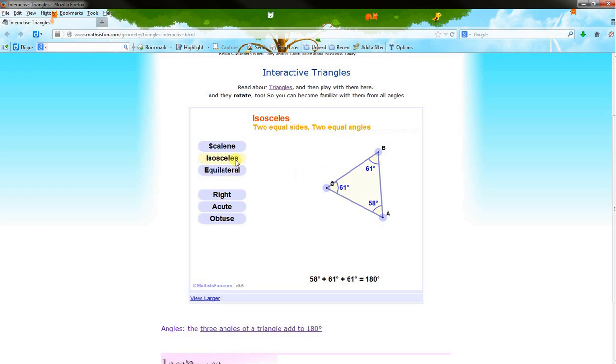An isosceles triangle has two equal sides and two equal angles. So if we notice that these two points here on vertex B and vertex C, as we move them, they stay exactly the same angle.